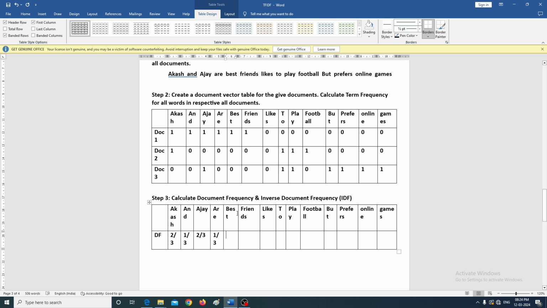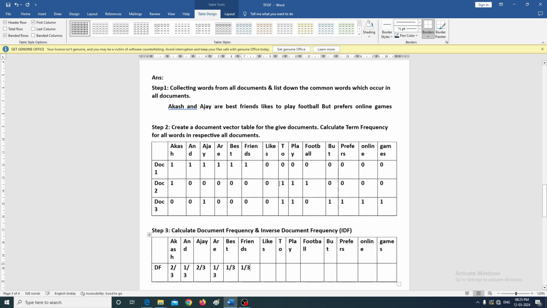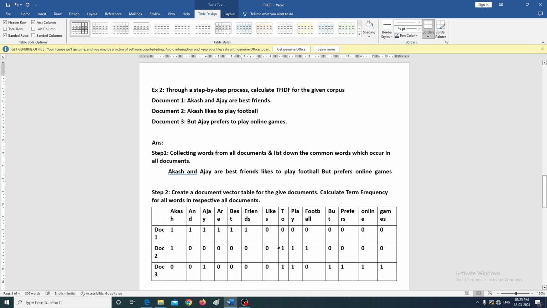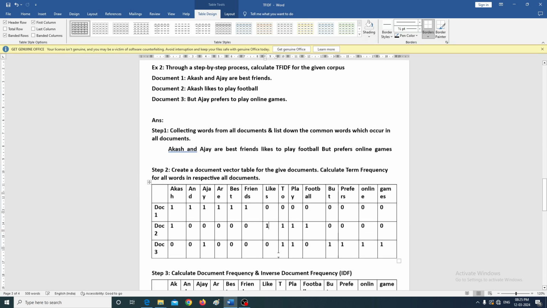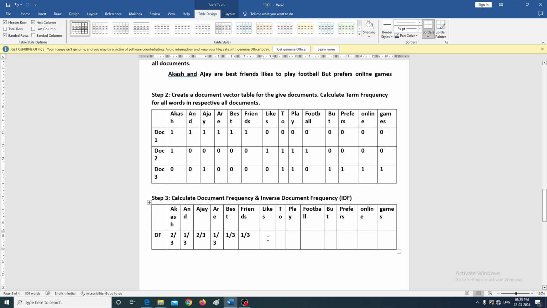Next, best is available in a single document, document 1, so 1/3. Friends is also available in a single document, 1/3. Likes, already likes is available here. So I have made a mistake here. Let's check: the document frequency of the likes word would be 1/3.